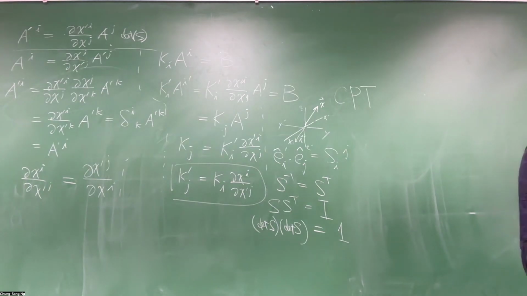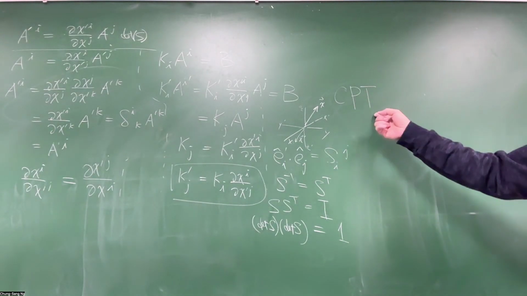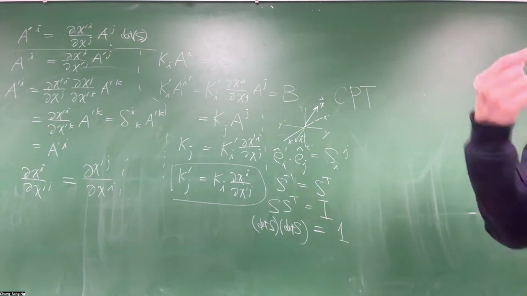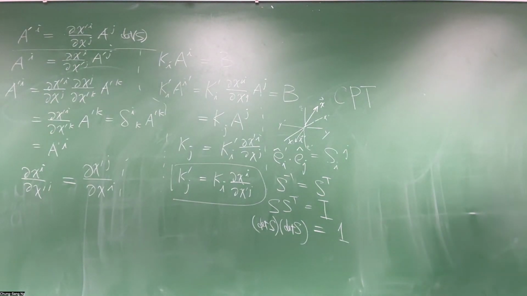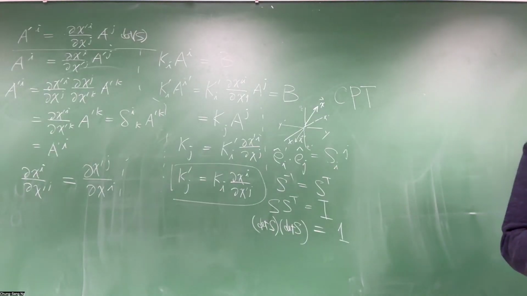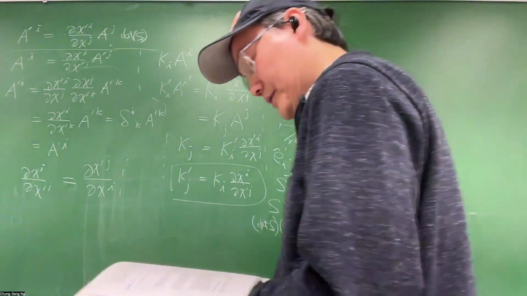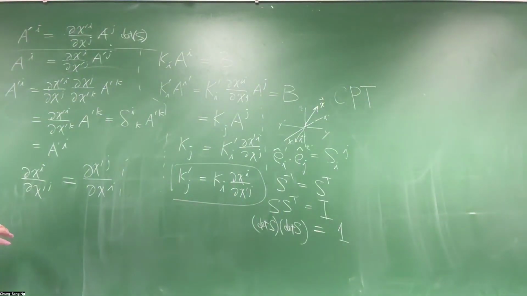When you go to the mirror world, you need to change the charge and then change the time direction. Then this is valid. It's conserved. It's just looking at how some quantities change under the parity change.